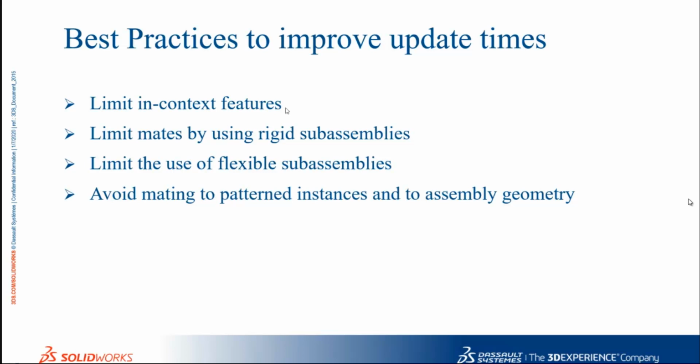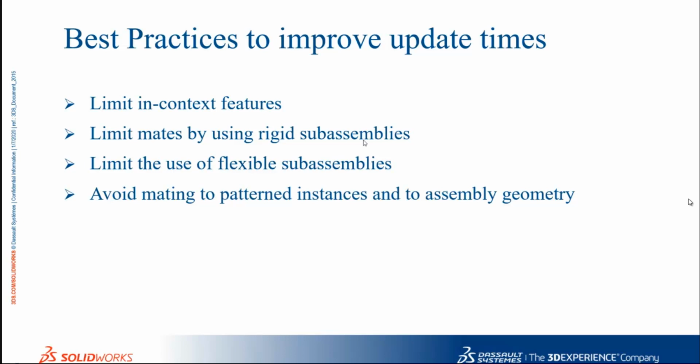Okay. Second thing, limit mates by using rigid sub-assemblies. You have a sub-assembly that is flexible, so it is moving, each and every component, if you have made mates to get a motion. Sometimes it is a requirement to have a flexible sub-assembly, and sometimes it is okay to use a rigid sub-assembly.